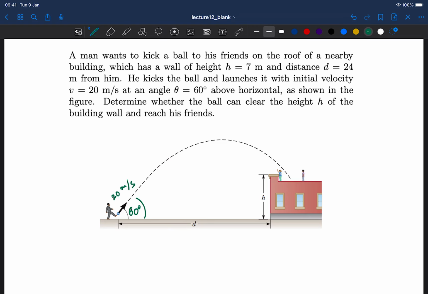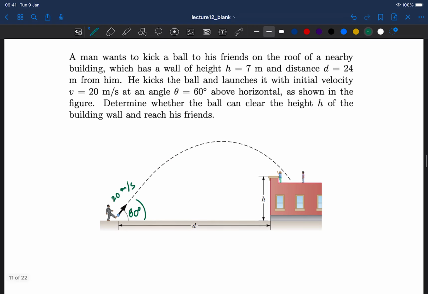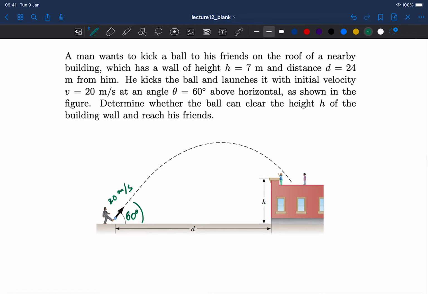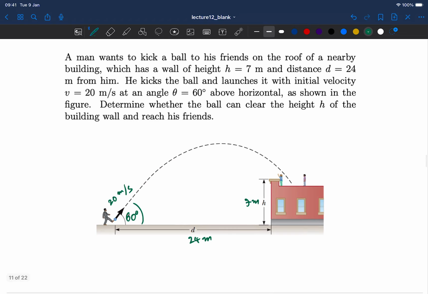With this, you can write down the initial velocity vector fully. The distance is 24 meters, and the height is 7 meters. So the question is whether the ball can reach the person on top of the building.